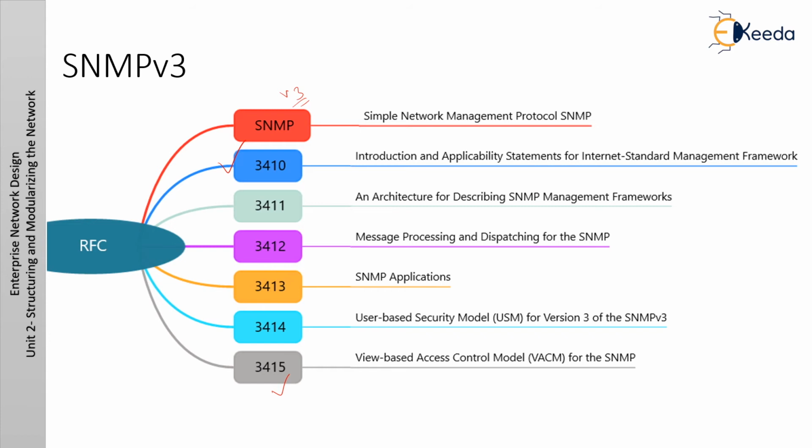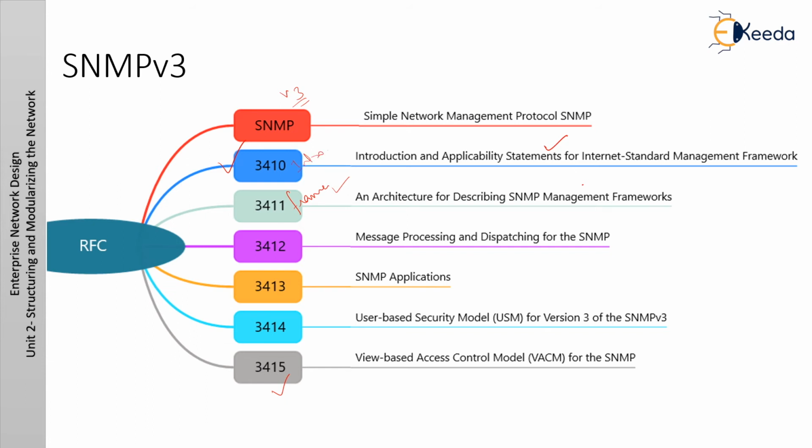Here we can see that RFC 3410 is the introduction and applicability statement for Internet Standard Management. Then 3411 is an architecture for describing Simple Network Management Protocol management frameworks. This is the framework, and this is the introduction.